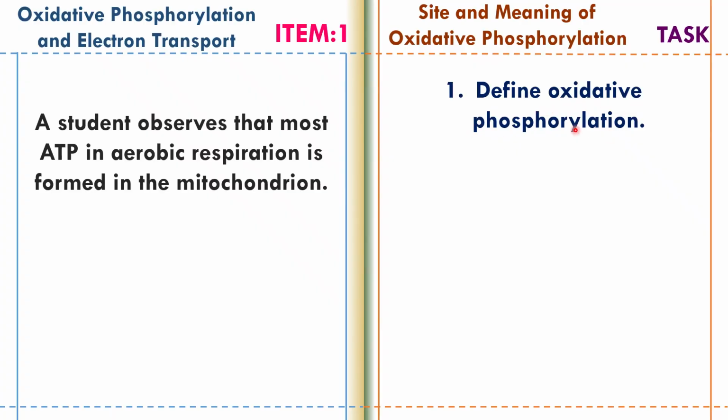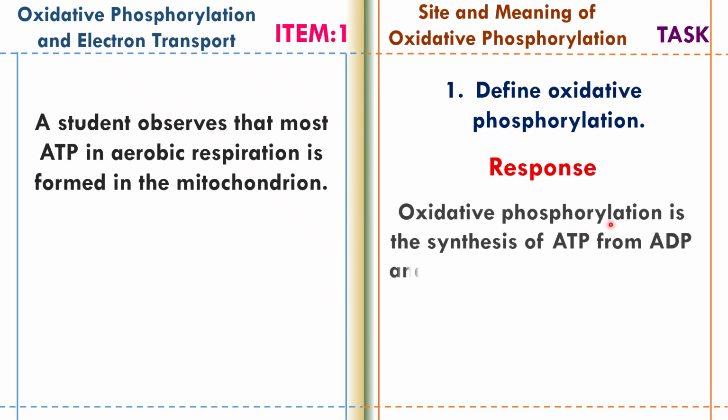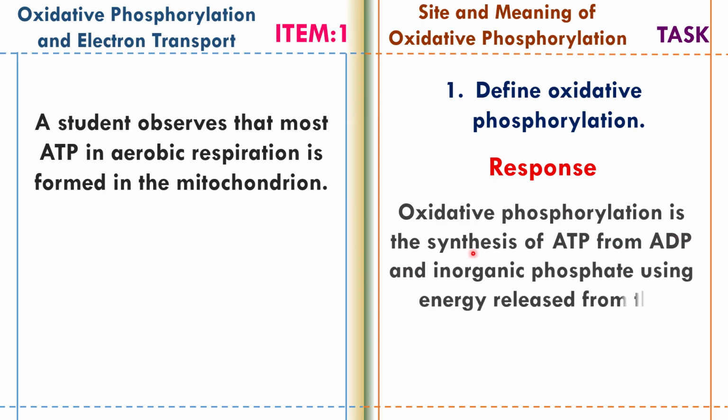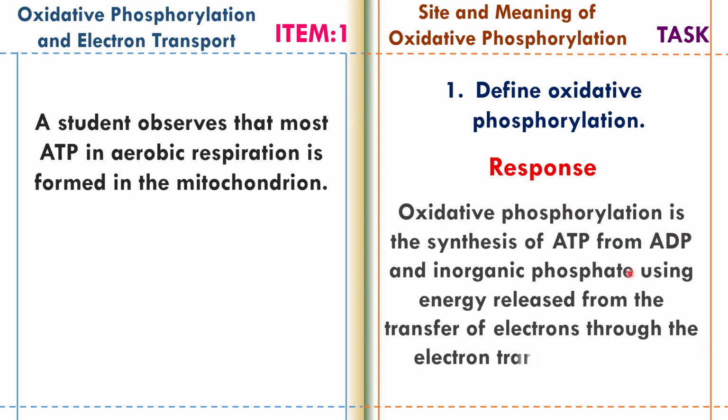Define oxidative phosphorylation. Oxidative phosphorylation is the synthesis of ATP from ADP and inorganic phosphate using energy released from the transfer of electrons through the electron transport chain to oxygen.